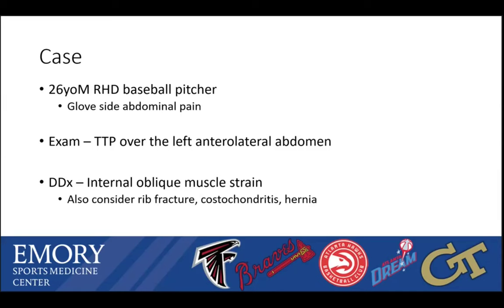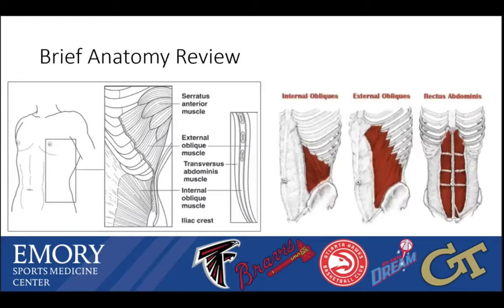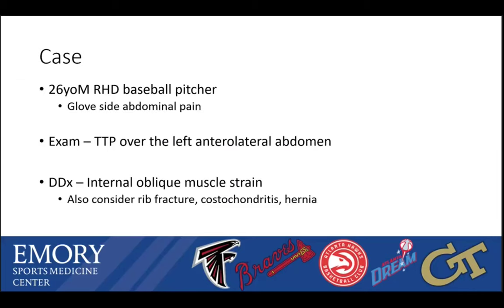And ultrasound can be super helpful in helping to establish the right diagnosis. And it's important to also use it to differentiate other injuries that could be present, even things like a rib fracture, injury to the costal cartilage, or even something like a Spigelian hernia or an epigastric hernia or something else that's a little bit more insidious.